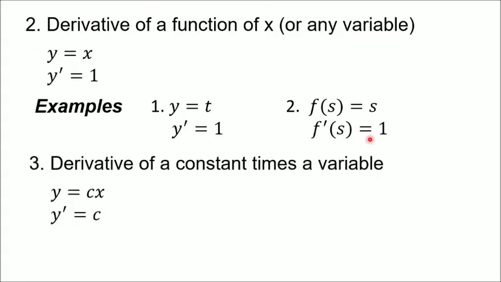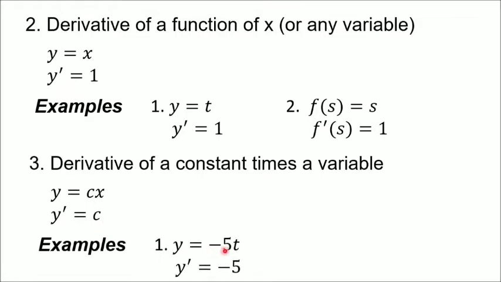O, napakadali. Rule number 3, derivative of a constant times a variable. Okay, from number 2, o dinagdagan lang natin ng constant. So, let's say y equals cx. The derivative of y or the y prime is just equal to c. Whatever the constant there, yun na yung derivative ng x.